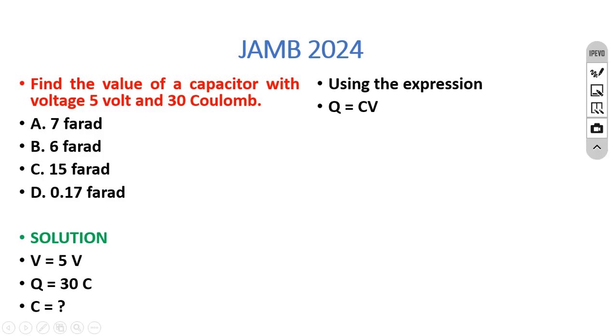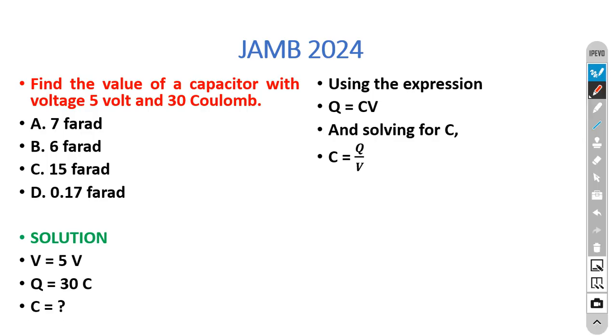So the next step, solving for C, we have C equals Q all over V. The next thing we are going to do is to substitute the value for Q. Where we have Q, we are going to substitute 30, because Q here represents 30.